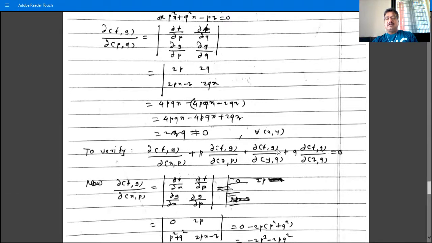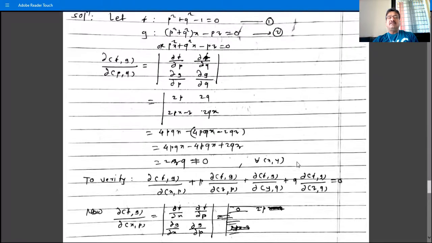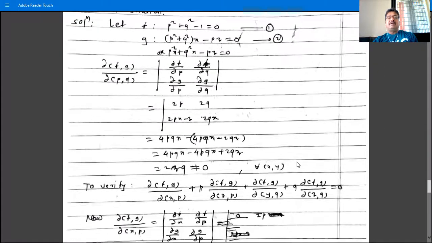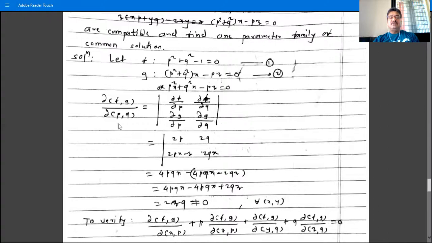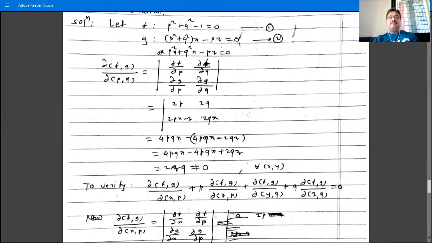If this equation is satisfied, then we say the equations are compatible. There are two conditions. The first is that the Jacobian ∂(f,g)/∂(p,q) is not equal to 0 on that domain, and the second is that this expression equals 0.